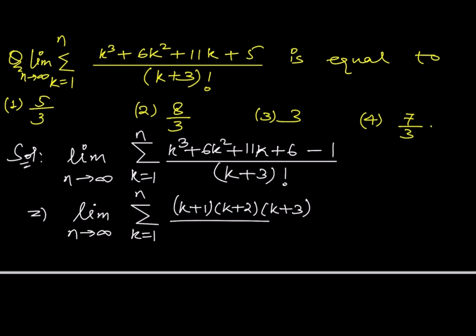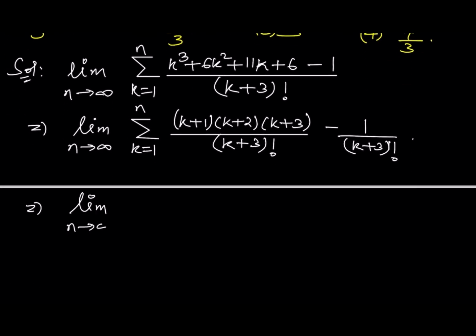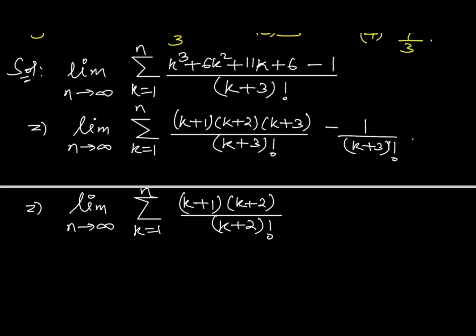And now I am taking the denominator separately like this. Okay, no problem. Now this (k plus 3) factorial can be written as (k plus 3) into (k plus 2) factorial, and k plus 3 cancels out, so this will remain (k plus 1) into (k plus 2) upon (k plus 2) factorial, right, minus 1 upon (k plus 3) whole factorial as it is.